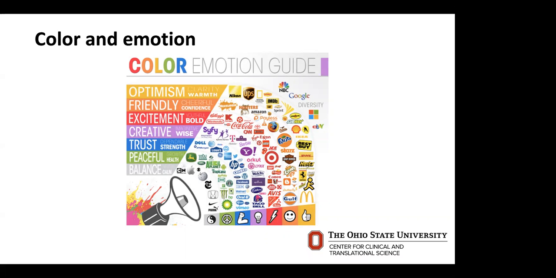And something to note is that I'm not entirely sure whether or not this is scientific, but certain colors are associated with certain emotions. So if you can imagine all of these companies wanting to send a certain kind of message with the colors that they use.